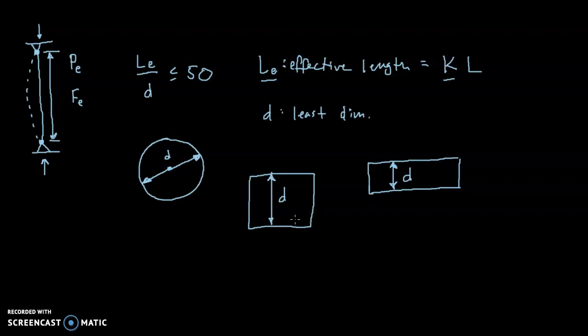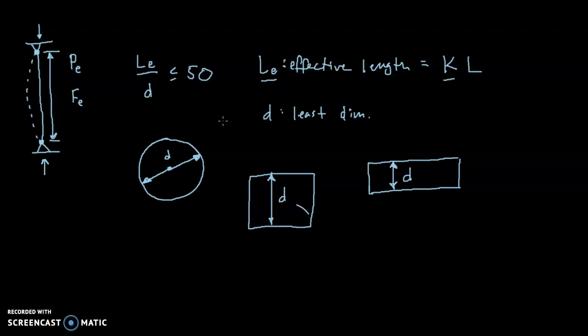So the most efficient shape for a column is going to be either square or circular, those are really the primary two. We don't have too many regular polygon shapes like pentagons, but those would be the most efficient shapes for a column. A long, skinny rectangle will provide us a slight amount of strength, but really it won't be much more efficient than a square with the same D.